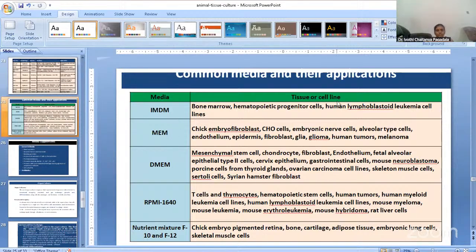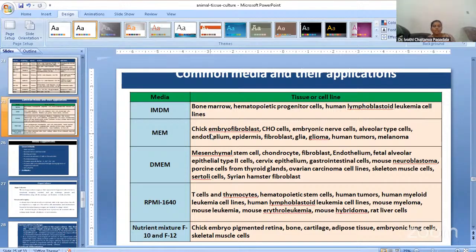IMDM, here the cell lines which you can grow; so here the IMDM media we use.